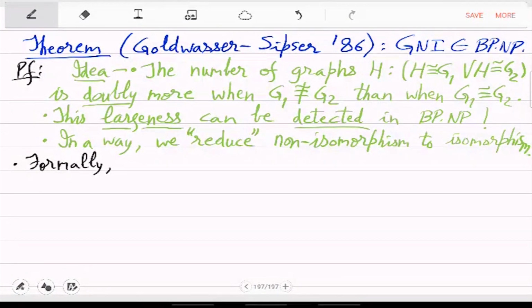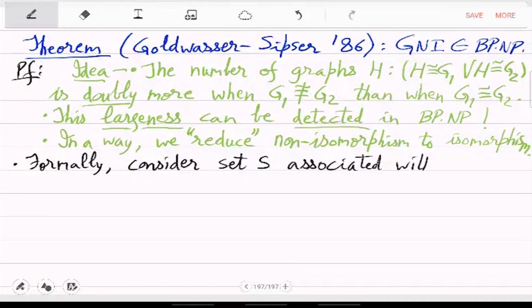So formally, consider the set S associated with G1, G2 on n vertices.